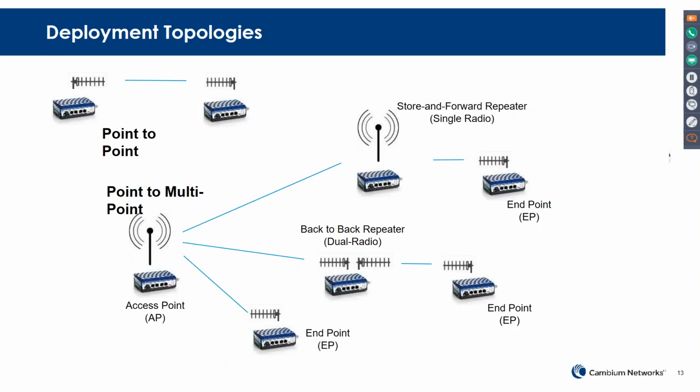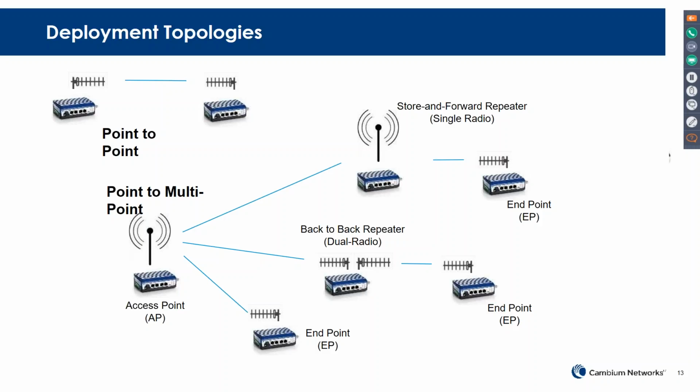In situations where you cannot have a good shot without a relay, you can set up one of the radios to act as a repeater. We have 2 choices for a repeater. For example, the signal has to go past a building. That will be difficult, right? So you can set up one of the radios as a repeater so that it allows the signal to go around the building to the endpoint.